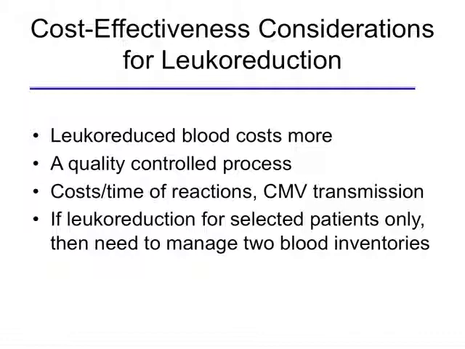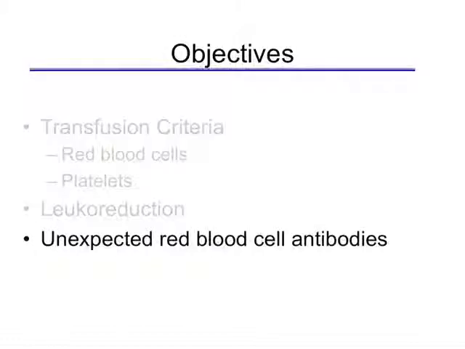You have to consider the cost and time of managing transfusion reactions and the cost and morbidity of CMV transmission. And if you decide to provide leukoreduction for selected patients only, then you need to manage two separate blood inventories, which has its own problems.